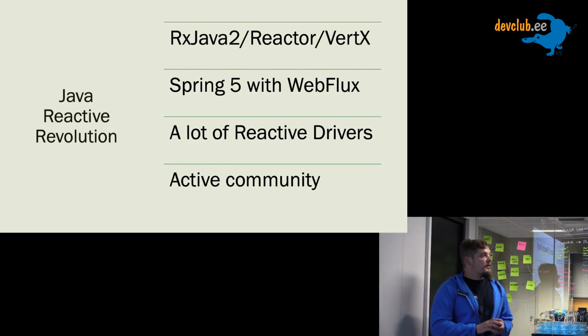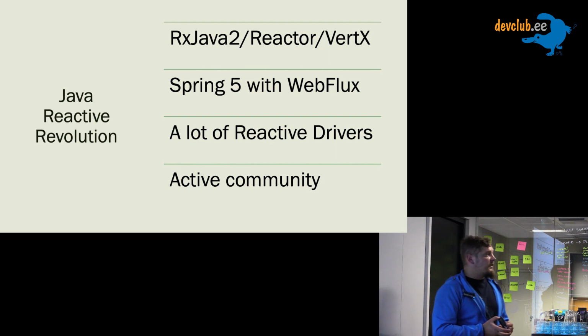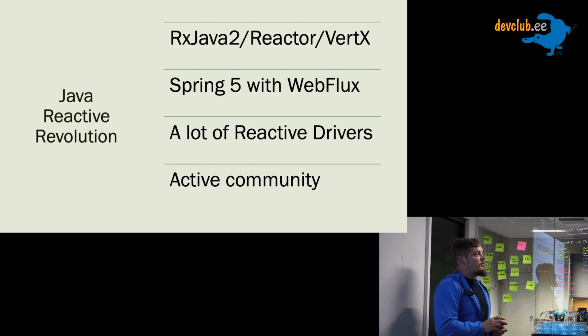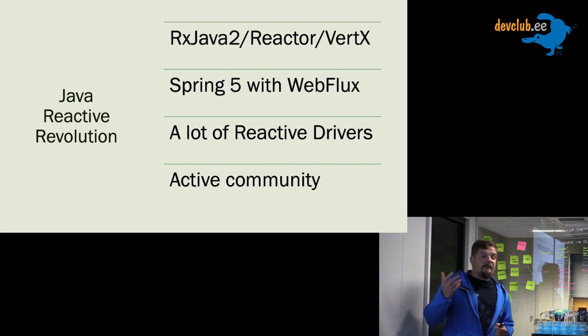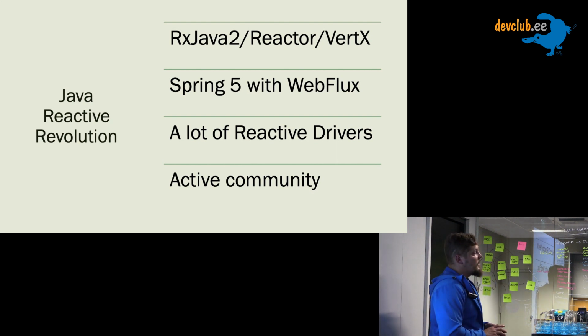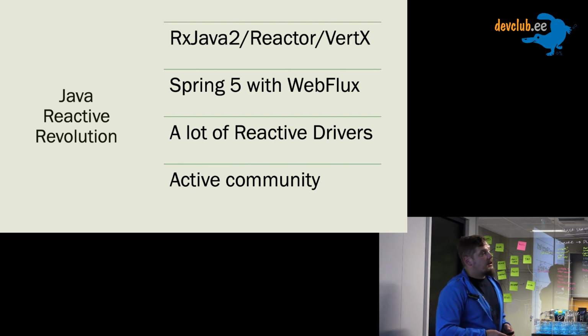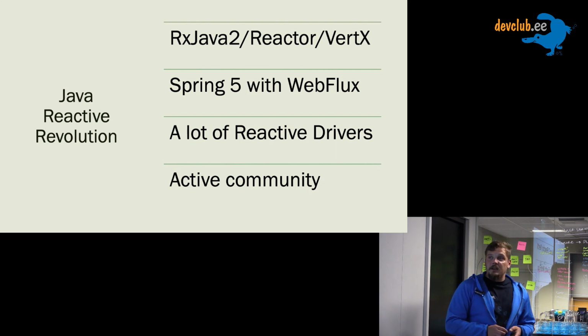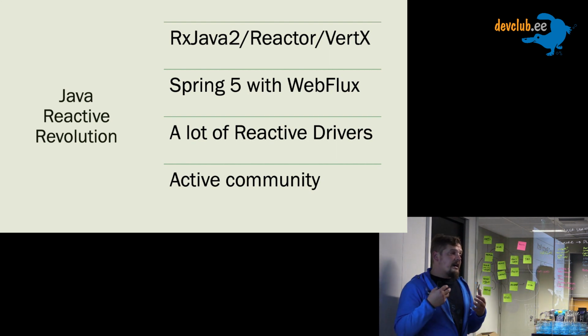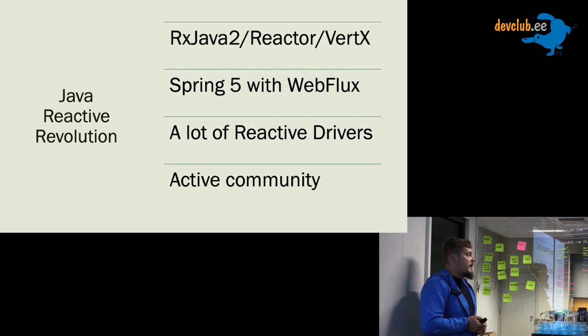The main advantage of Spring 5 is a native way of working with reactive primitives like WebFlux, so you can have your Spring application working in a reactive way, and you can test and try, and you will see quite significant differences. And there is an active community working on all this.